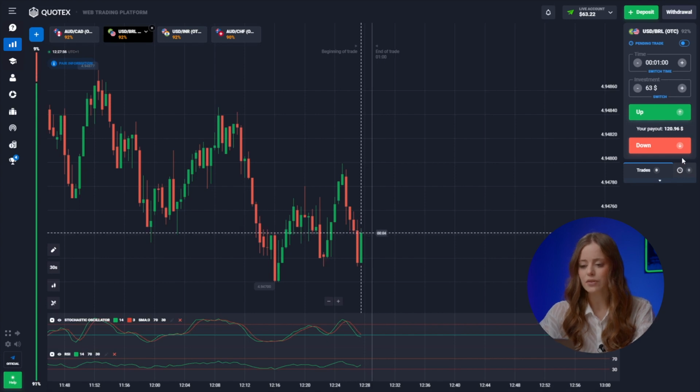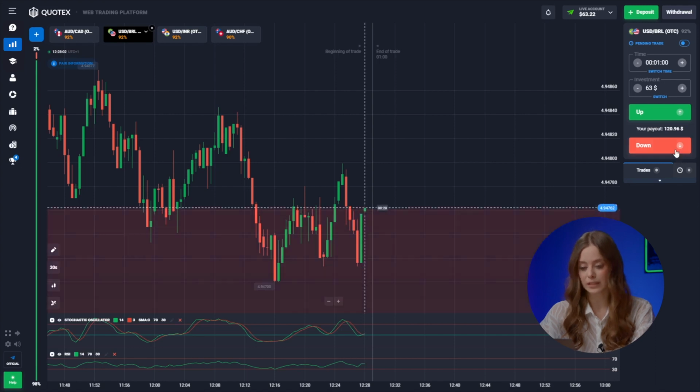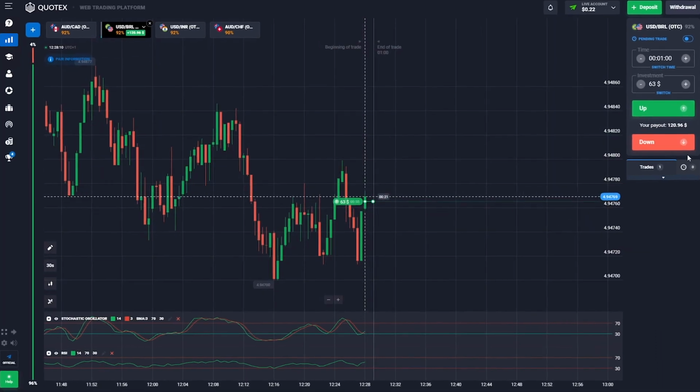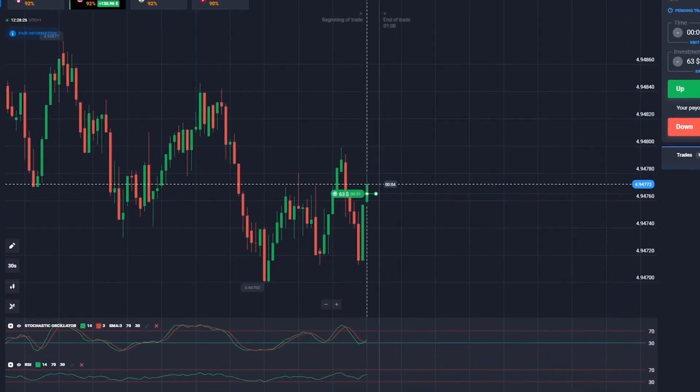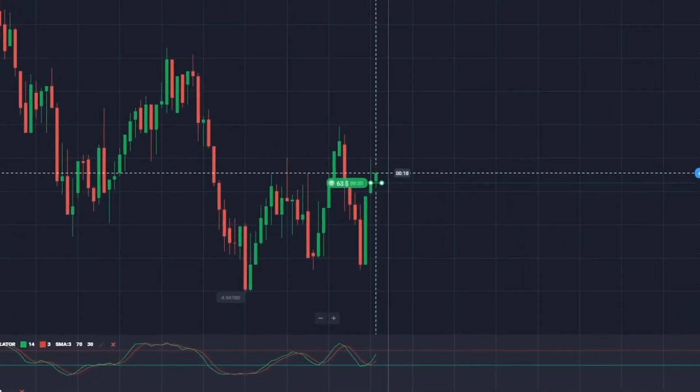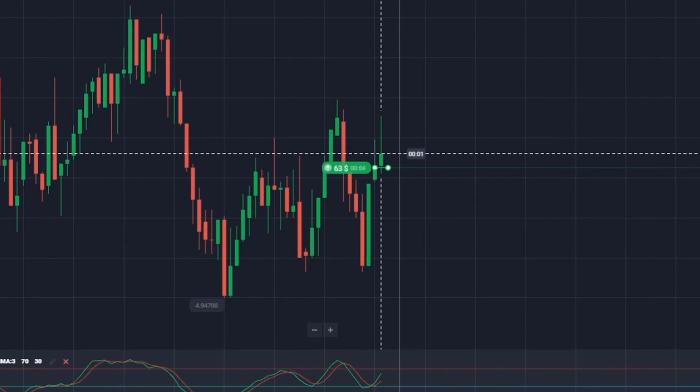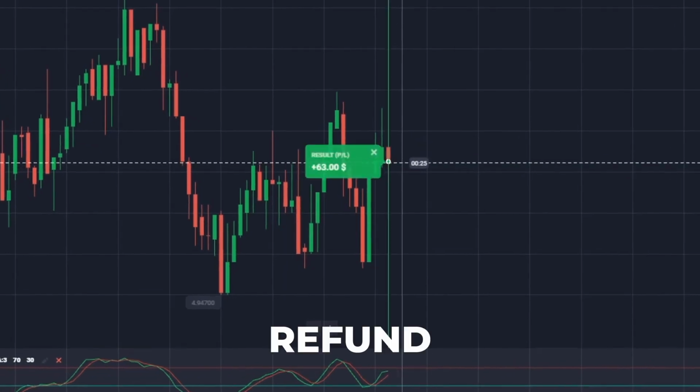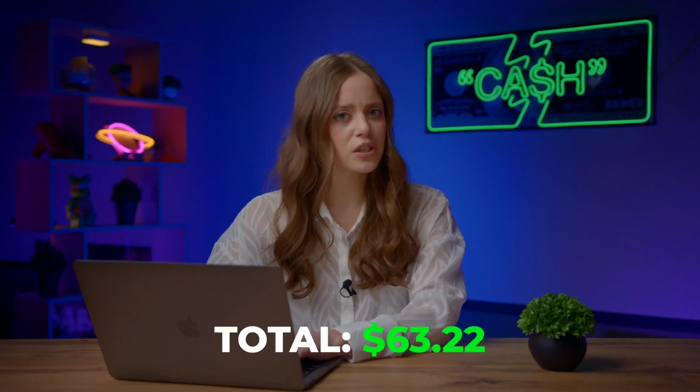The chart has dropped to the support level and the momentum should push the market upwards. Clicking up. And got it! A very rare situation, the market froze and we got a refund of 63 bucks.